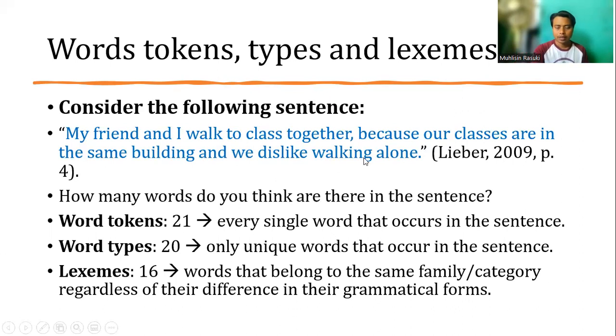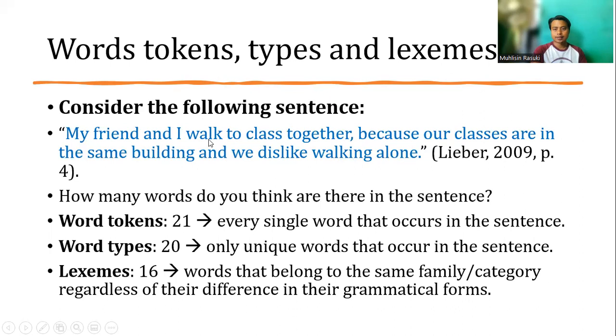And the other ones we have are class and classes, right? These two are different in terms of their grammatical forms, but they are from the same family. Class and classes are different only in terms of whether it is singular or plural, but we can say that they are just the same word. And we also have walk and walking.